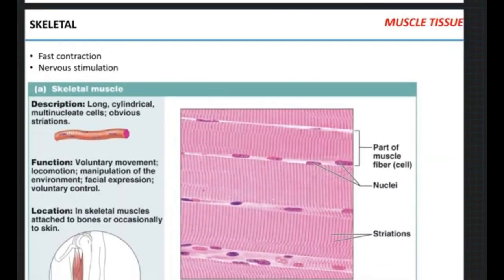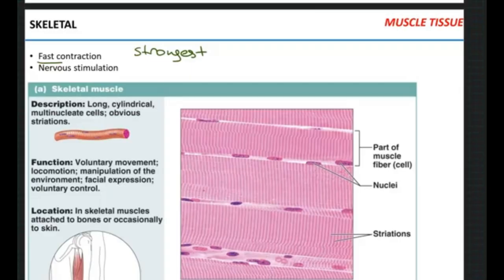Muscles. So, 3 types. Skeletal, cardiac, and smooth. I'm going to add some comments here in terms of what you should know. So, it contracts fast. It is the strongest contraction.